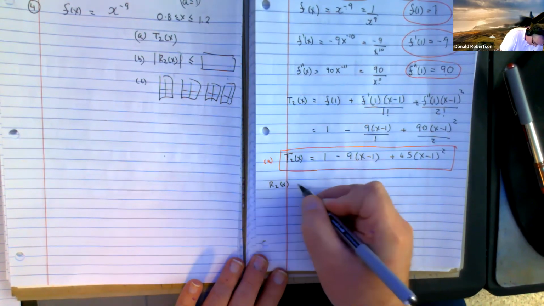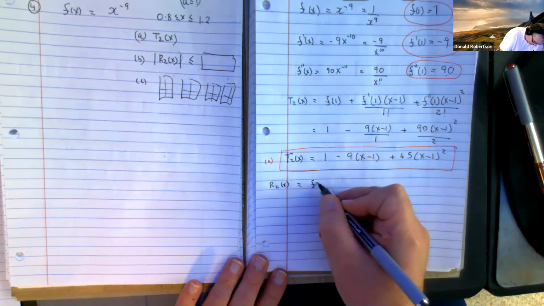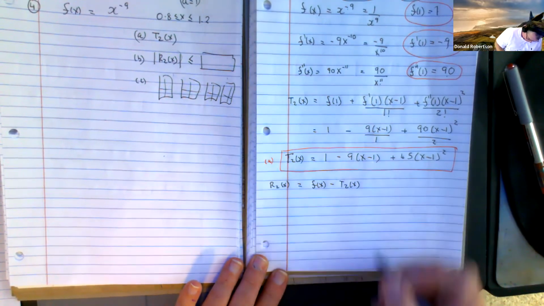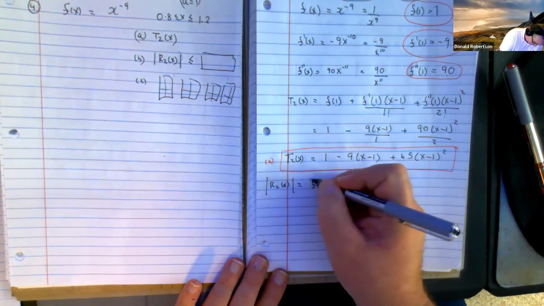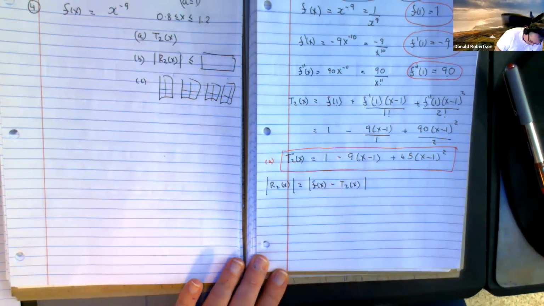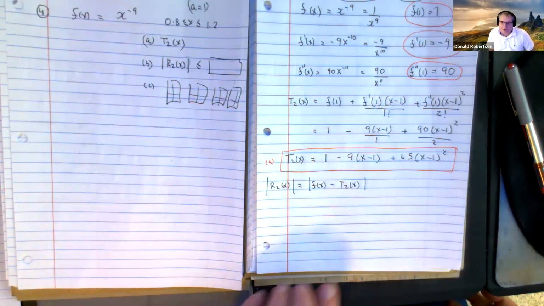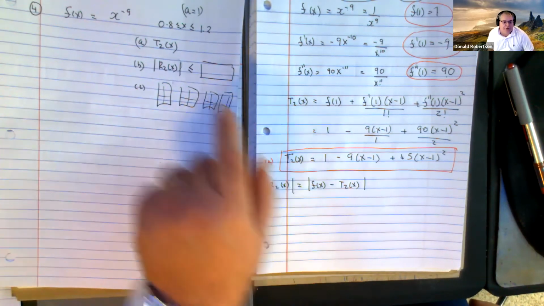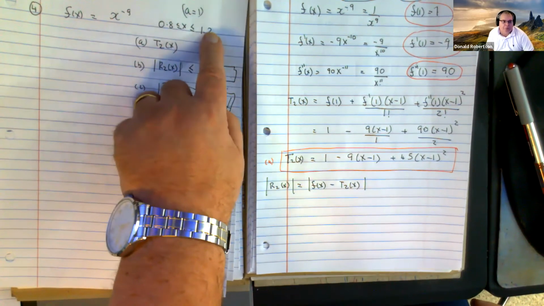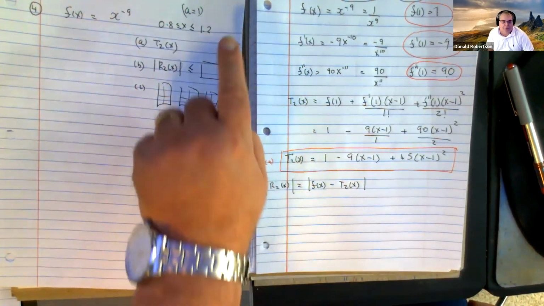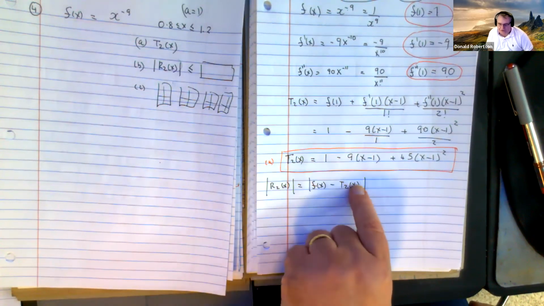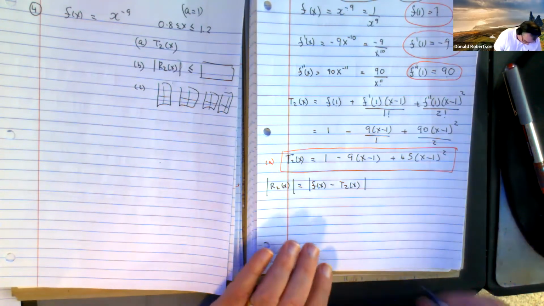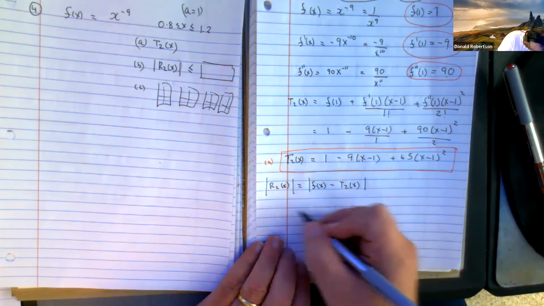R2 of x is the value of the function, take away the estimate, and you stick absolute values around everywhere. Now, to get the maximum error, what you do is you find what this is equal to at the 2 extreme points. And whichever one of these two gets you the biggest answer, that's your maximum error, right? That's the worst case scenario. So I'm going to have to do 2 different calculations.